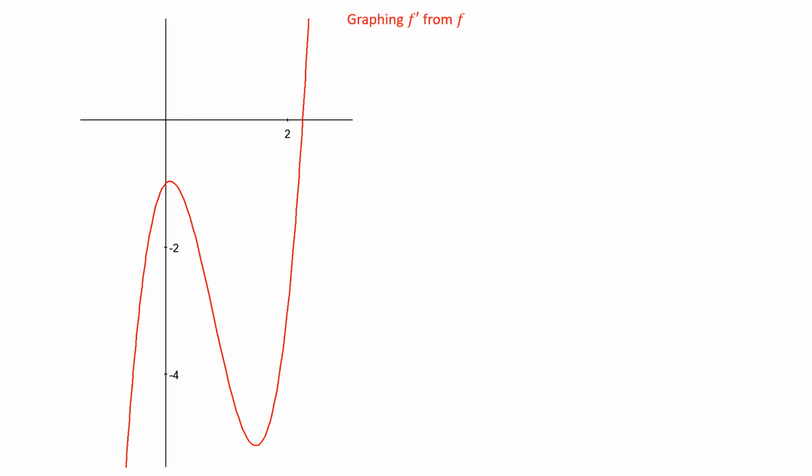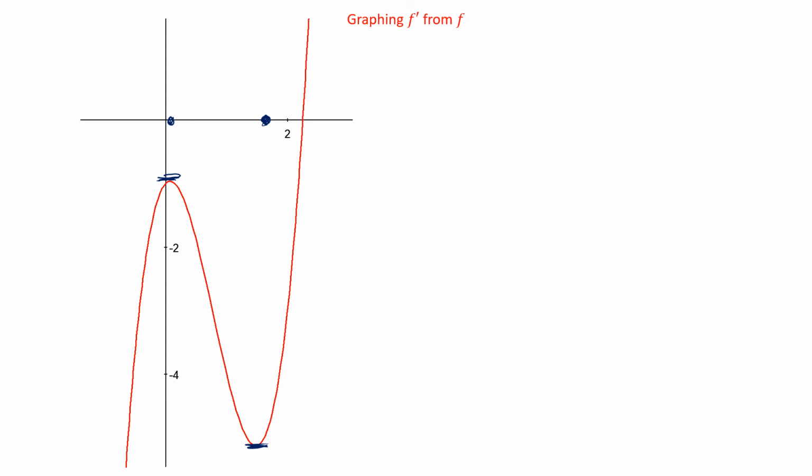The very first thing I try to start with is when is it 0? We saw that it's going to be 0 here. It's going to be 0 here. That means the derivative at those points is 0. There and there.